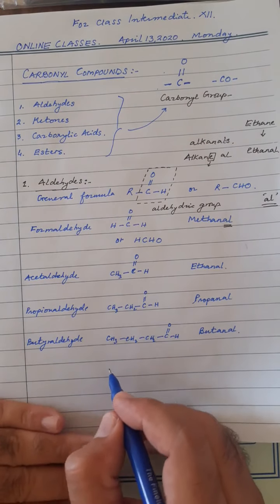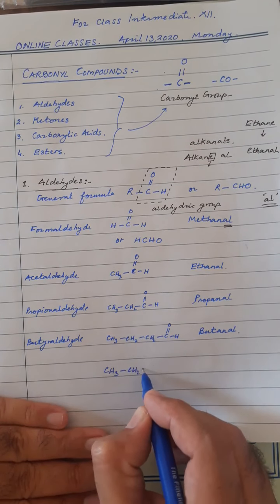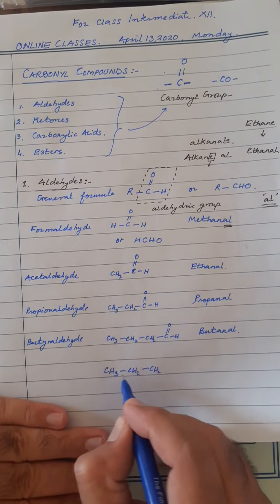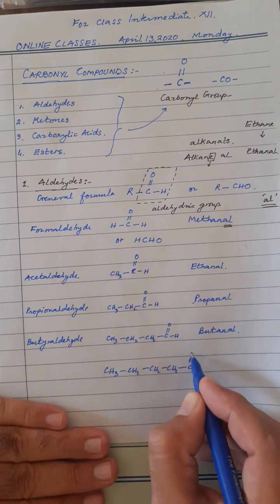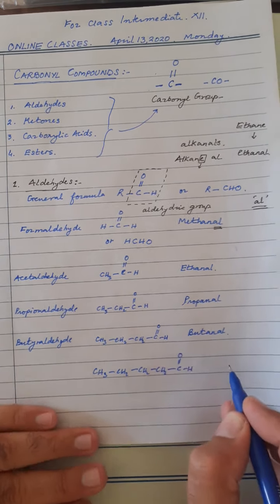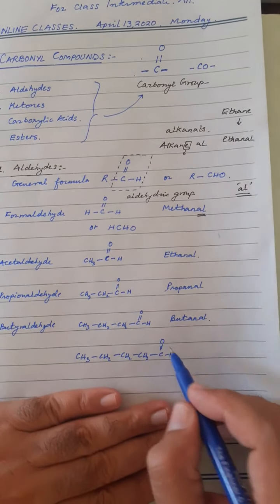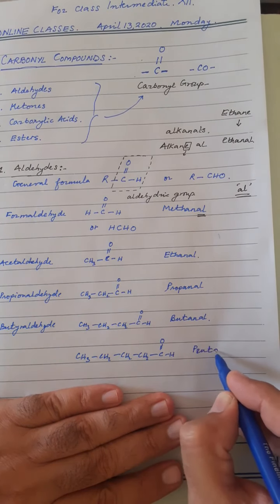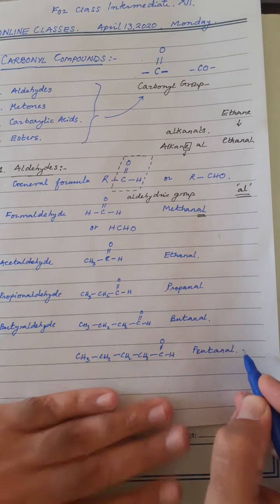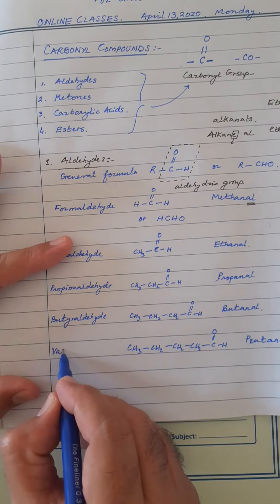Well, let me tell you more. If you go CH3, CH2, CH2, 1, 2, 3, and 4, and the 5th carbon is the carbonyl. Now of course, if this is butanal, can you guess this one? Yep, pentanal. Now pentanal is commonly called valeraldehyde.